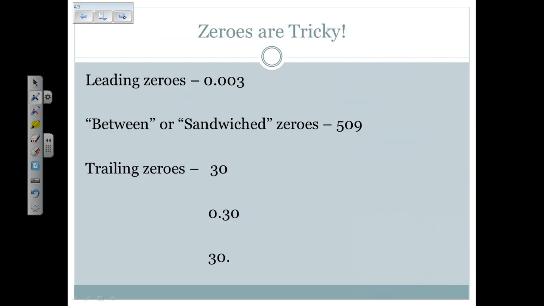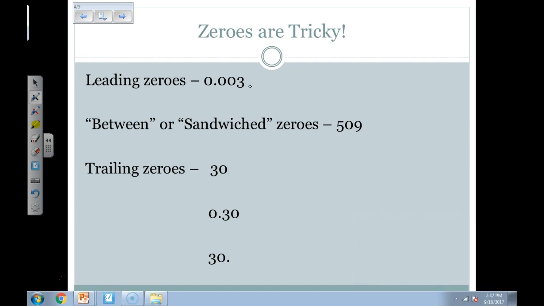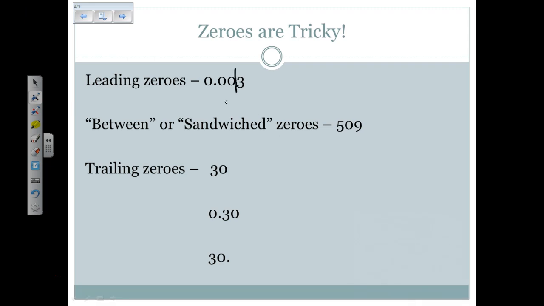There are basically 3 types of zeros. Like the title of this slide implies, these zeros can be tricky sometimes. So there are zeros that are in front of the first non-zero. That's what we mean by leading zero.